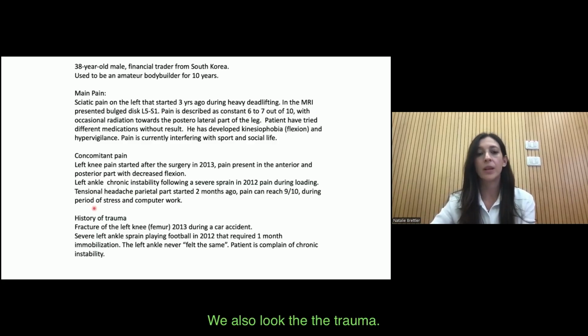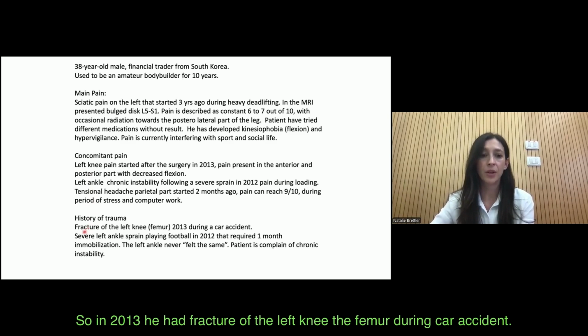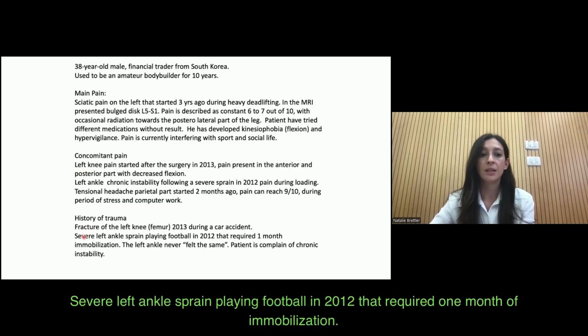We also look at the history of the trauma. So in 2013, he had a fracture of the left knee, the femur, during a car accident. Severe left ankle sprain playing football in 2012 that required 1 month of immobilization.